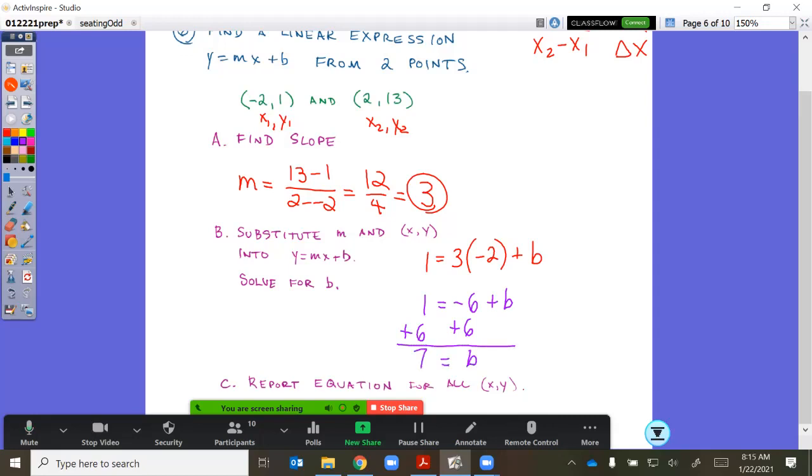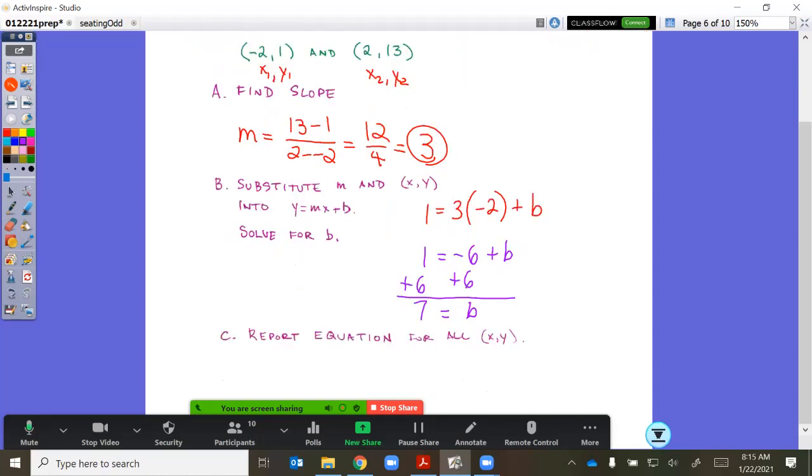B must be 7. Okay, so then report the equation for all x and y. Not when x is -2 and y is 1, but for all of the x's and all the y's. In other words, okay, so if you can do that, you'll be fine.